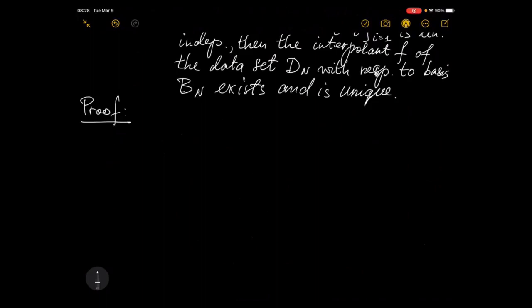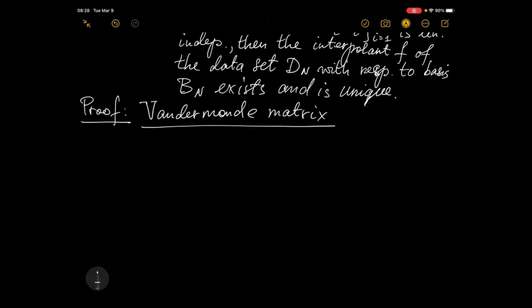So we can introduce the Vandermonde matrix. So pay attention, it depends only on the basis Bn and the positions of the points xi.